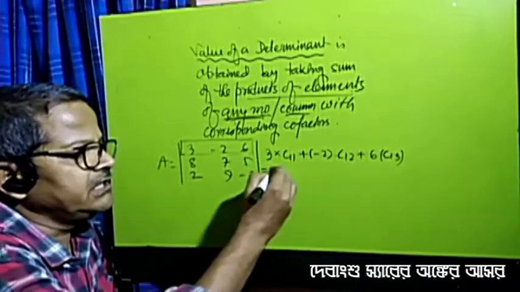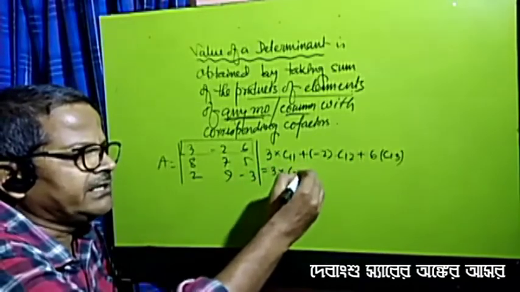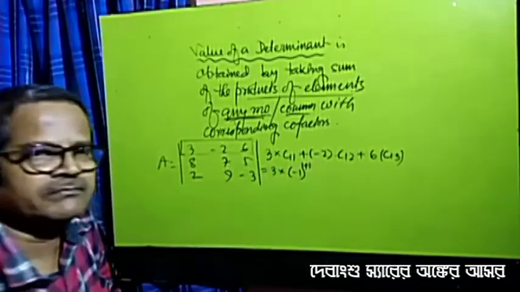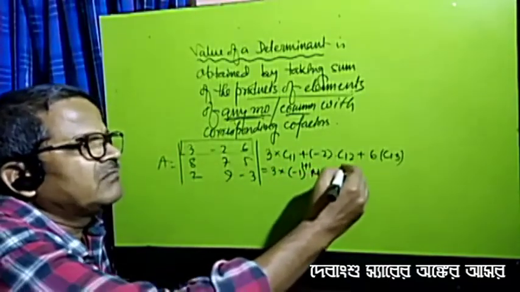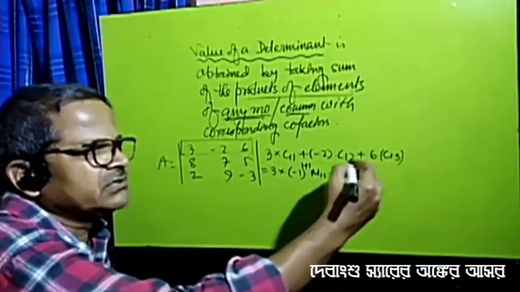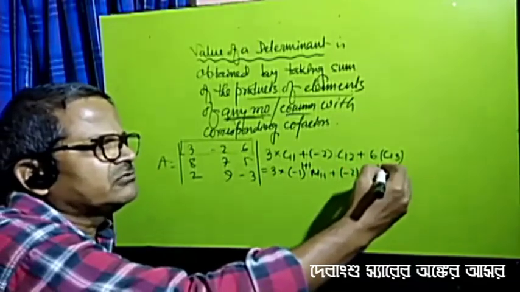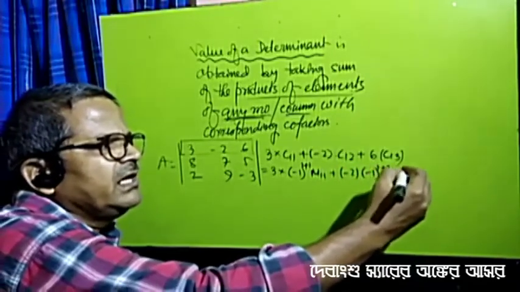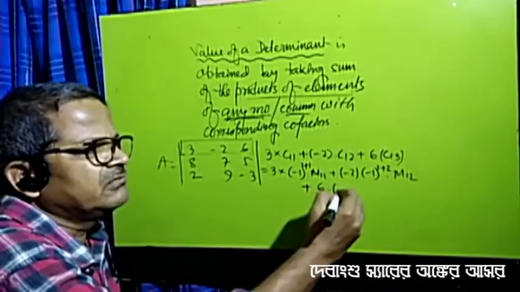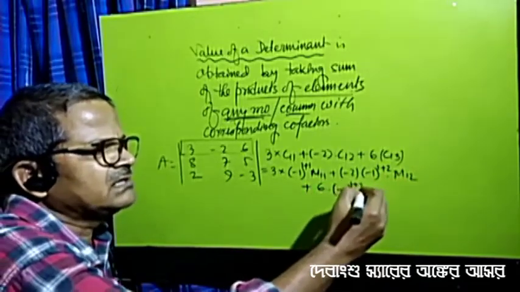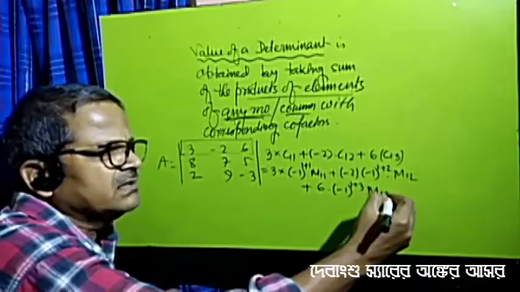Now see, 3 into C11 is minus 1 to the power 1 plus 1 into M11, plus minus 2 into C12 is minus 1 to the power 1 plus 2 M12, plus 6 into minus 1 to the power 1 plus 3 M13.